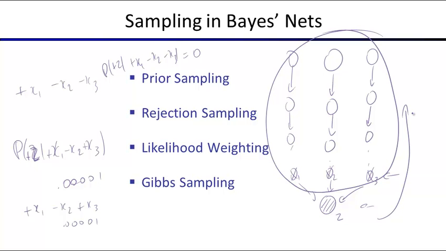This is how you do that, because it could be a bunch of evidence variables in a couple of places, maybe some here, another one here.